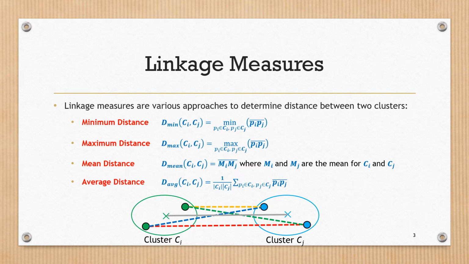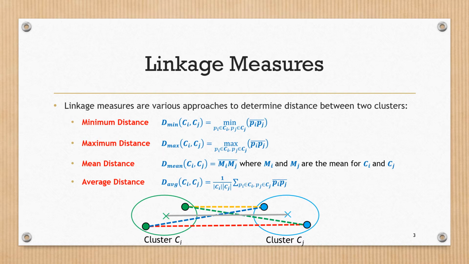Pi represents a data object in Ci as shown in the green small circles, and Pj represents a data object in Cj as shown in the blue small circles. The green X mark represents the mean of the green data objects. The blue X mark represents the mean of the blue data objects.